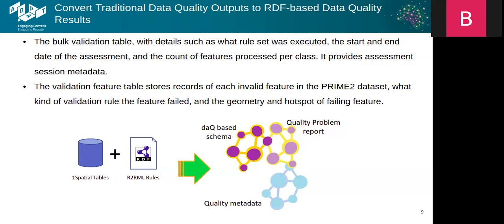So we applied our TRML tools to these tables, and we uplifted the information existing in these tables to a graph shape model. By using schema and quality metadata observations, we published the quality metadata observations and quality problem reports for the existing problems in the data.